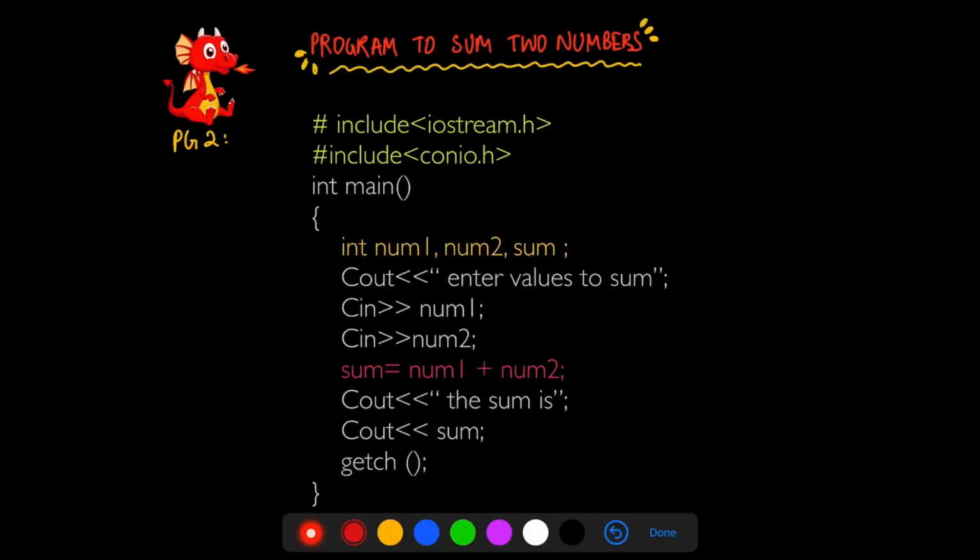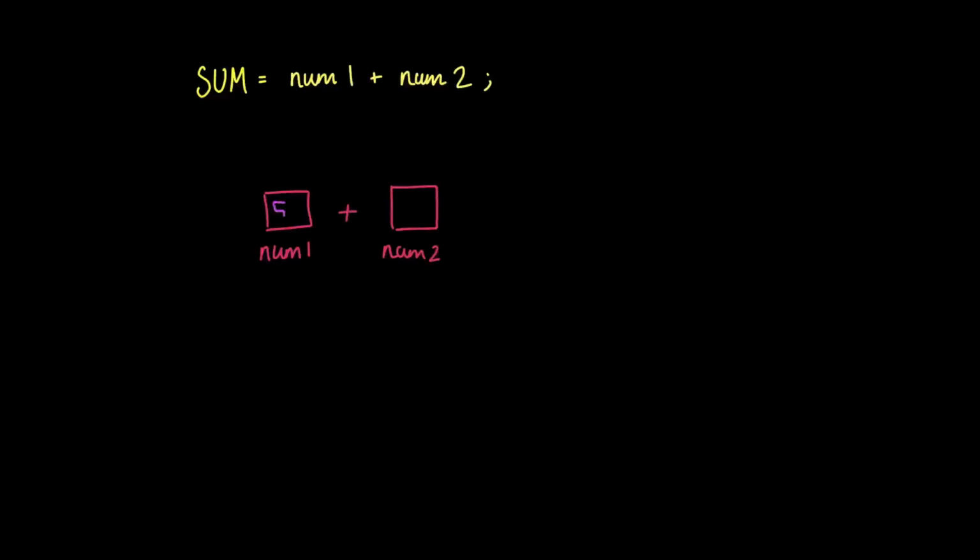So now the first two statements are done. The next statement too. We finished the cout, cin, and now it comes to the sum. The next line of code is sum. It's the same logic here. Sum stores the sum of number 1 and number 2.